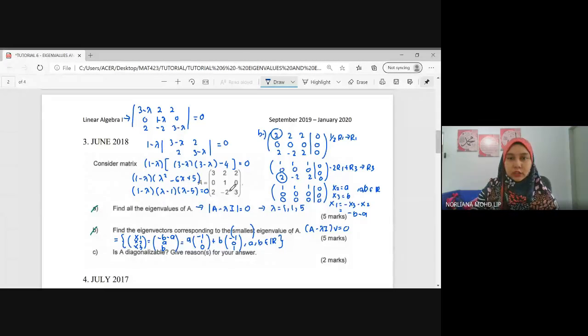Betul tak? Sekejap. Tadi solution betul tak? Itu. Oh yang ni negatif. Silap kat sini. Okay, yang ni silap. Negatif 2 plus negatif 2. So sini negatif 4.